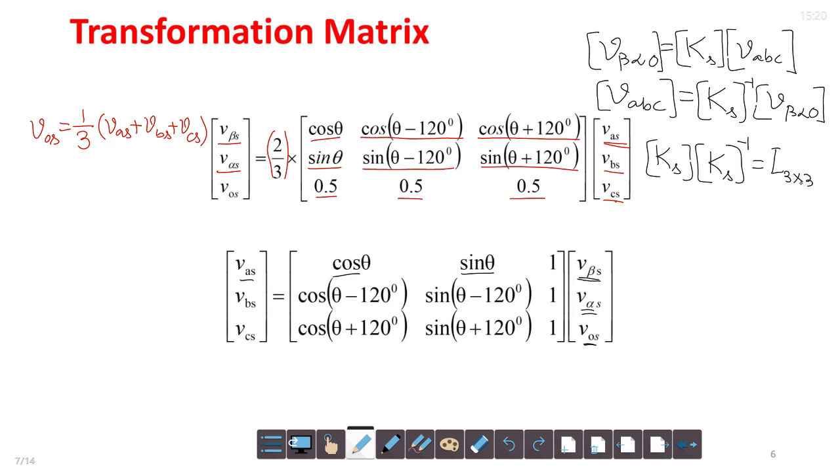You can verify that, and that is why the 2 by 3 term is also coming. So, K S into K S inverse is the unity matrix of dimension 3 by 3.